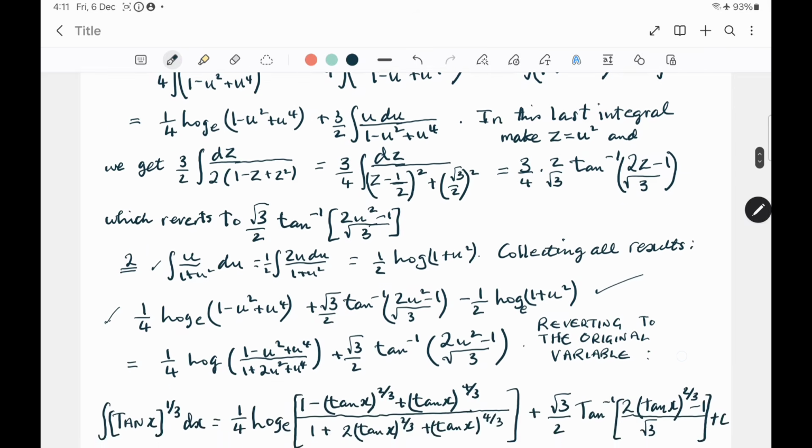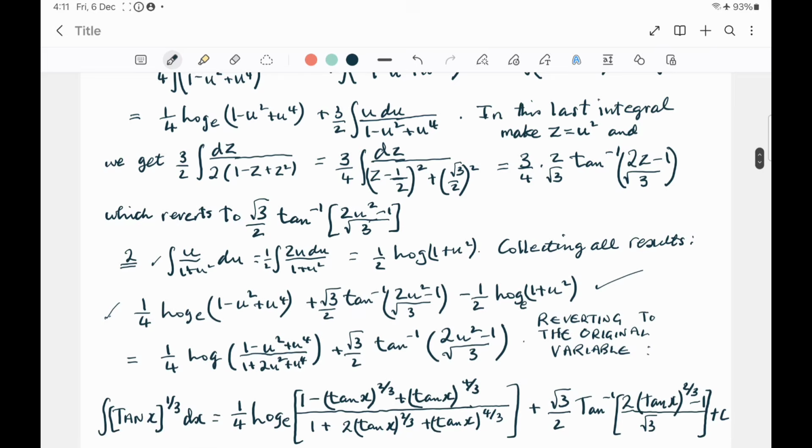And then what I've done is amalgamated the two logarithmic terms to give 1/4 log of 1 minus u squared plus u to the 4th over 1 plus 2u squared plus u to the 4th, plus square root 3 over 2 inverse tan of 2u squared minus 1 over root 3.